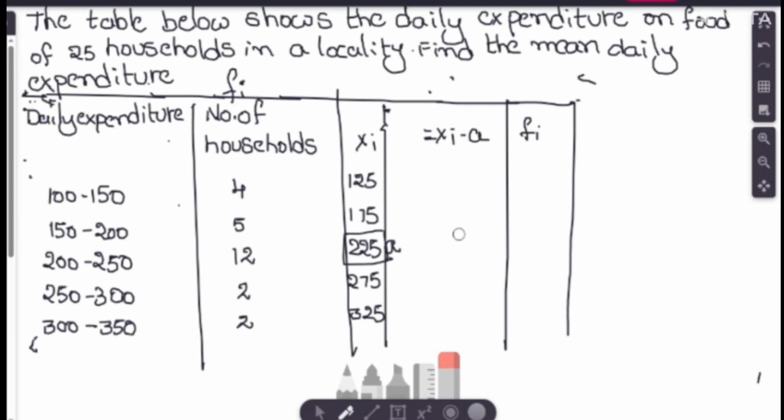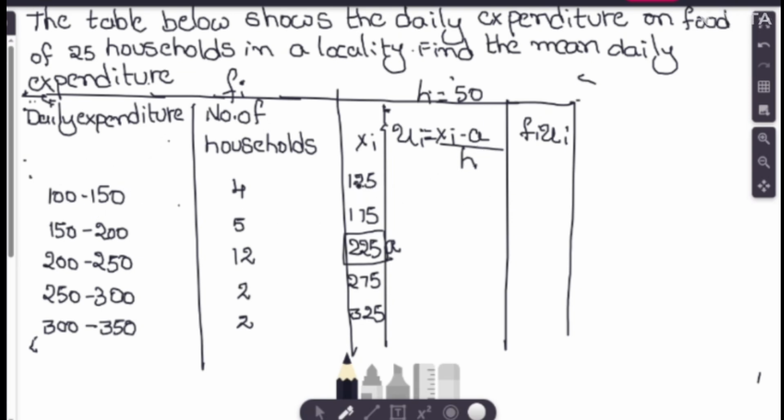Ui is equal to xi minus a by h. Earlier we did di, now ui. Ui means xi minus a by h. Xi minus a is same for both, but we are dividing by the class size. What is the class size here? 50. How to find the class size? 150 minus 100, 50. So divide by 50.